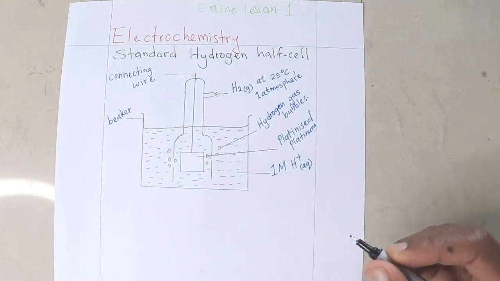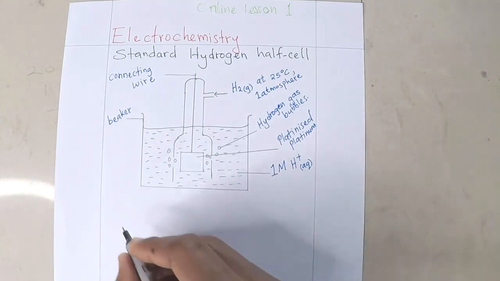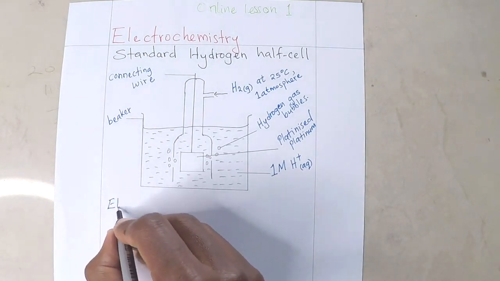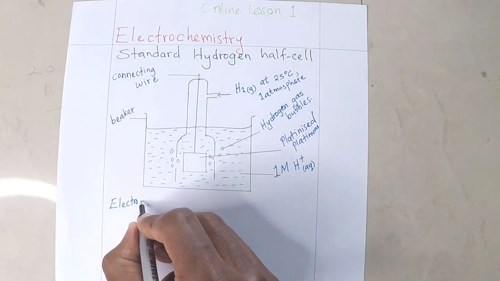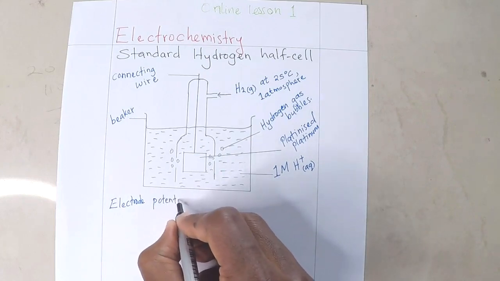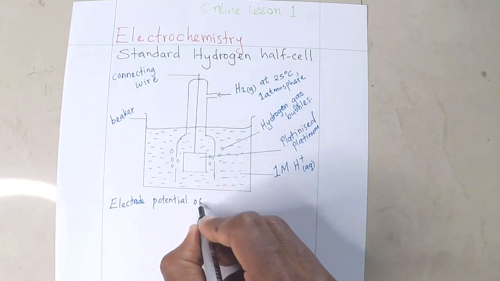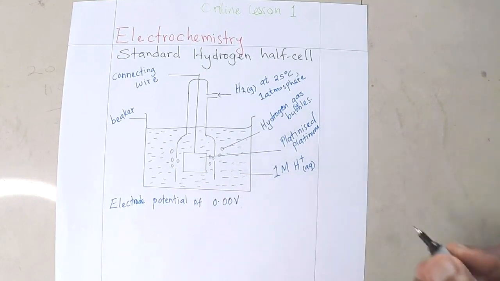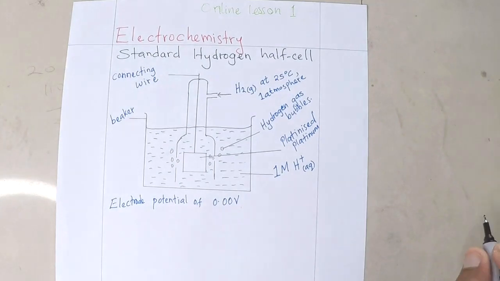Now, being the reference electrode, as I said earlier, it is assigned an electrode potential of 0.00 volts, meaning that all the other half cells are measured against it.